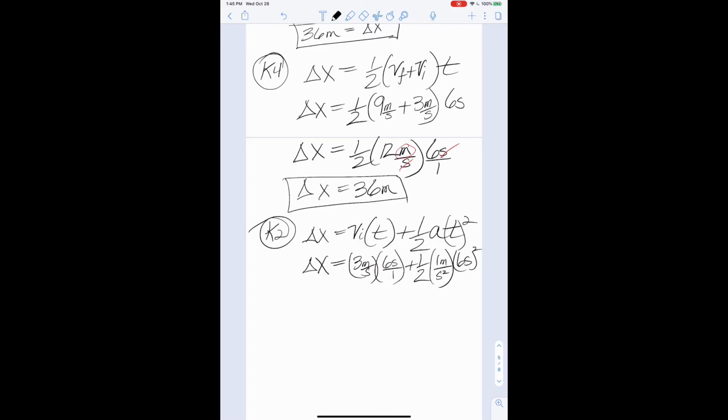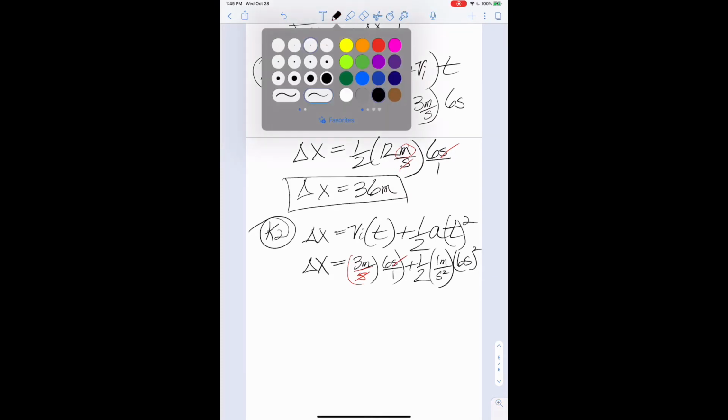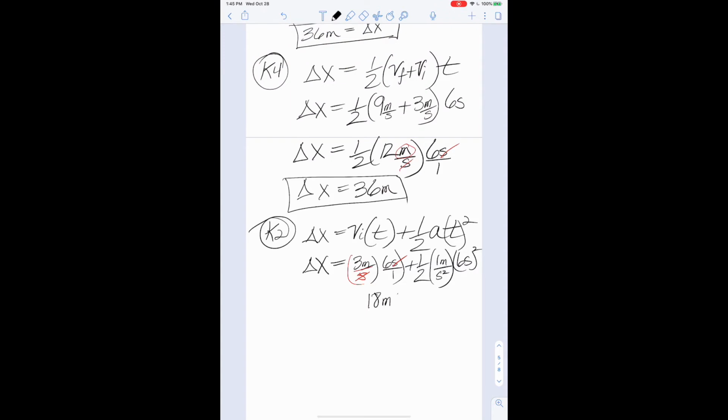And I'm going to grab that red pen. This was 3 meters per second. And we're going to cancel our seconds and be left with 18 meters.